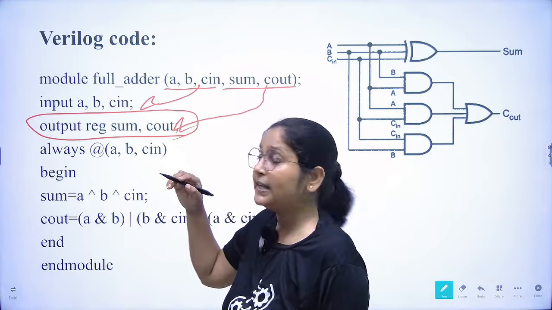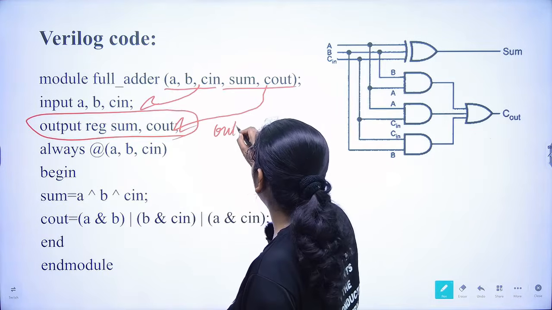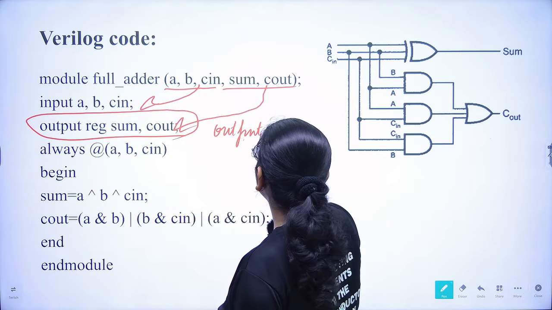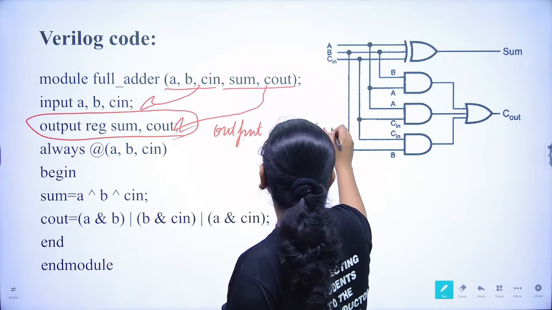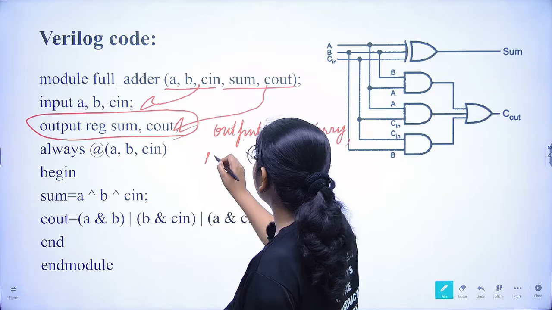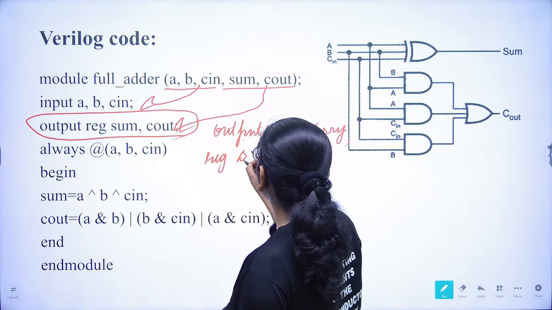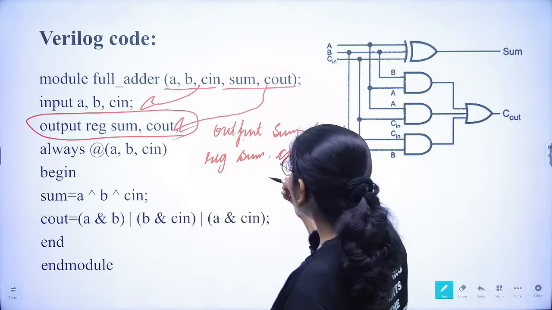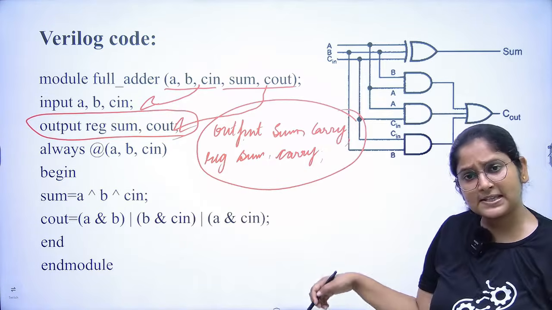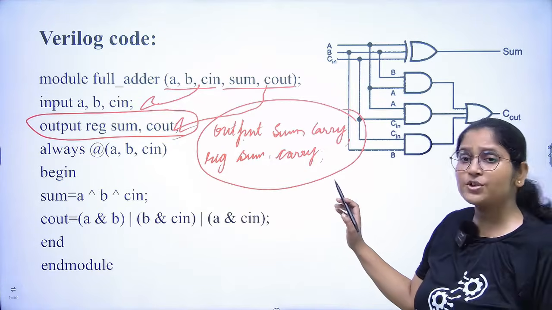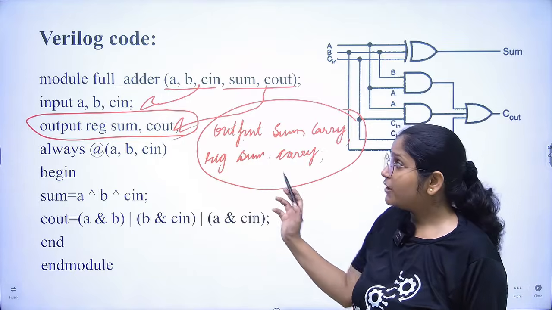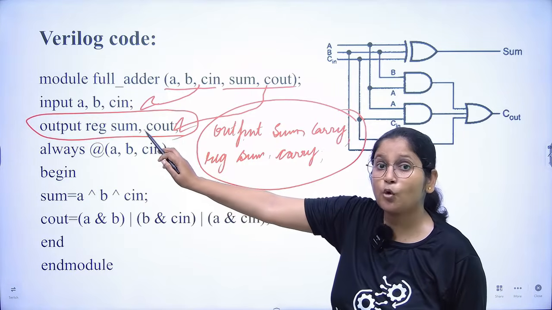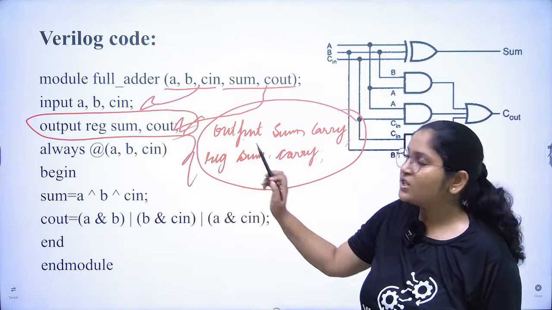Instead of writing it this way, like output sum, carry, and on the next line, we could have written reg sum, carry. We can write it this way also, this is fine, there is no issue with that. But we can reduce our code just by merging these two statements.